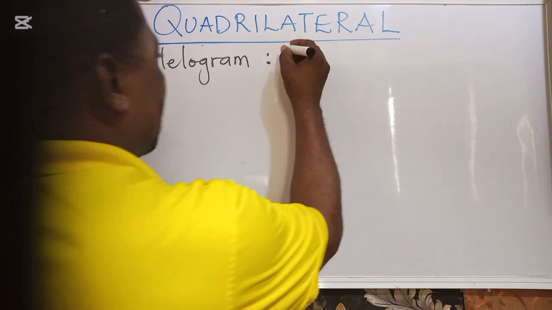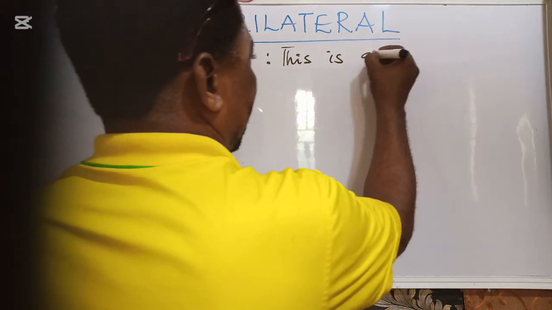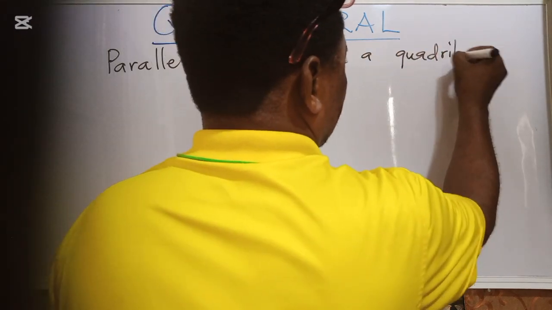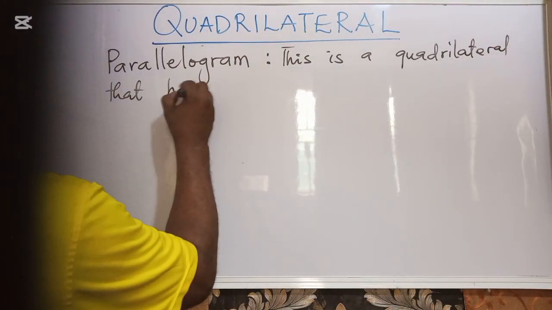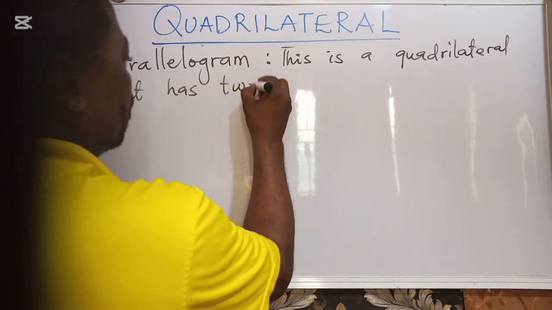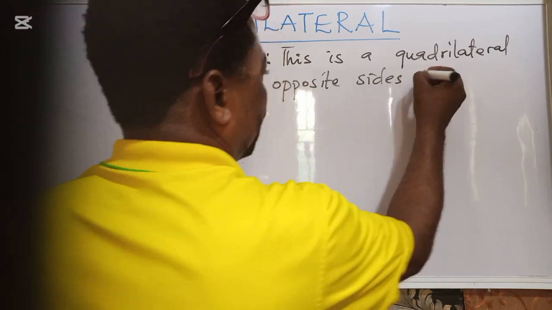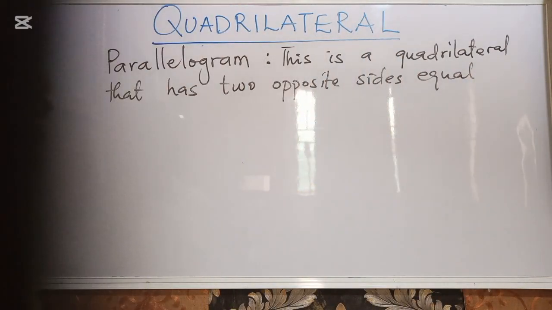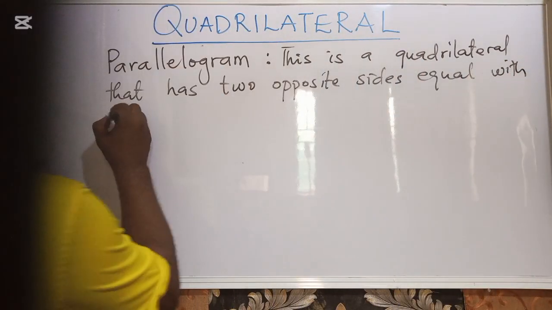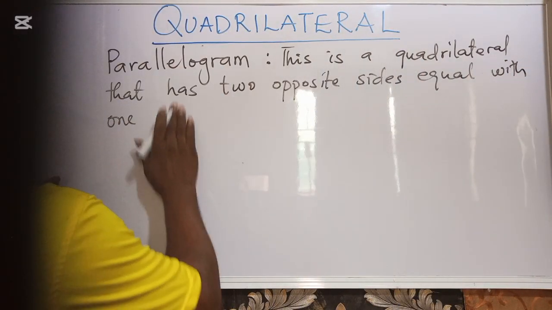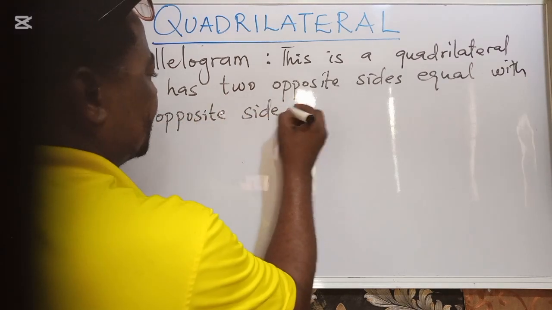So when we take this one, this is a quadrilateral that has 2 opposite sides equal, with 1 opposite side slant.